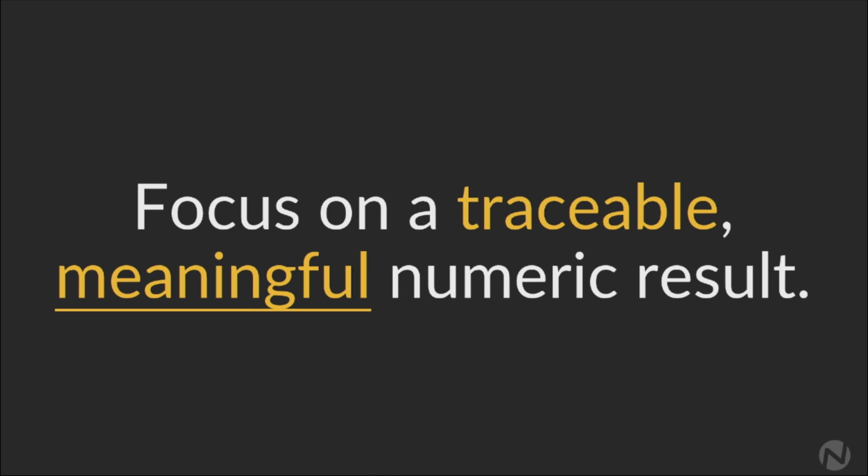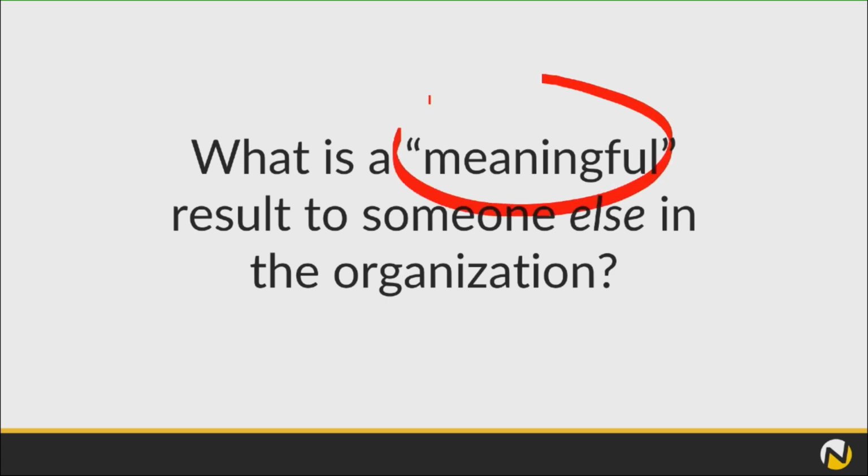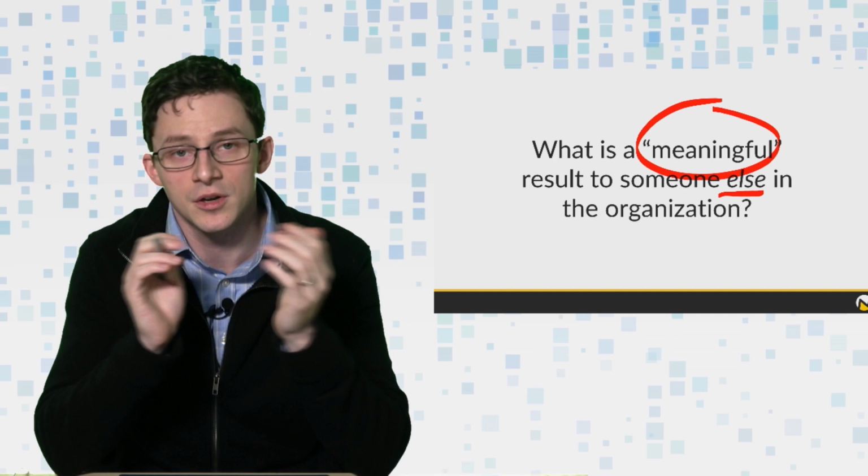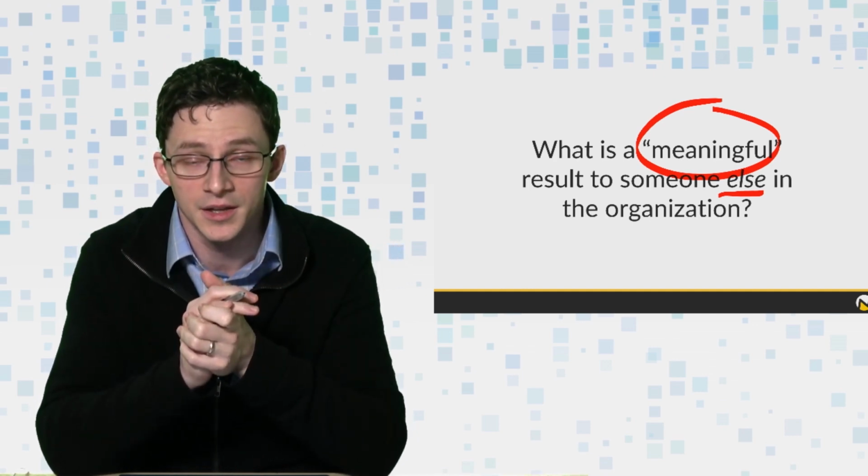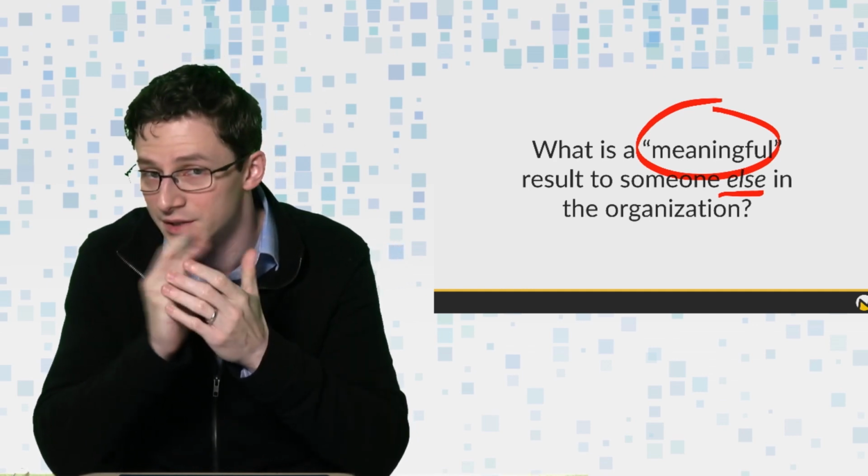You need to focus on a traceable, meaningful, numeric result, okay? This is so incredibly important, okay? The question is what is meaningful? And it's meaningful to somebody else. Listen, you're going to have to get others to agree to it, right? You can't just go rogue unless you are the CEO.